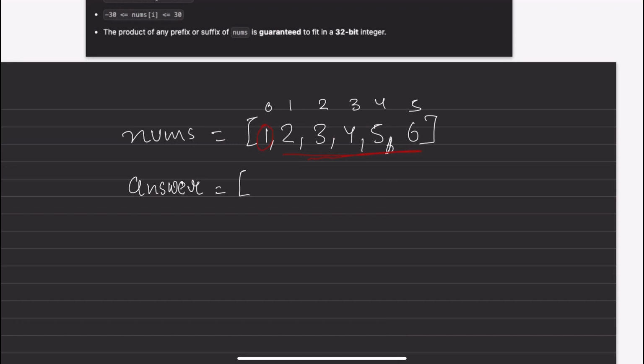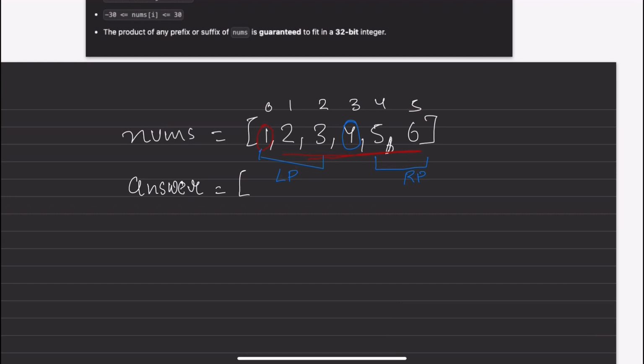Think of it like this. If I want the product at index 3, I'll need the product of all the elements on the right side and the product of all the elements on the left side, right?